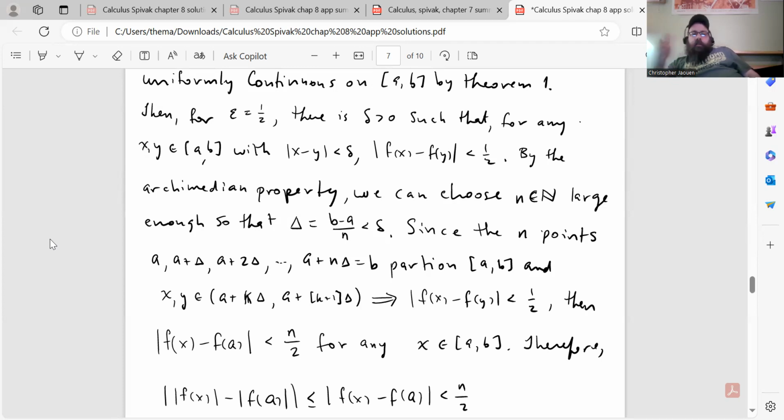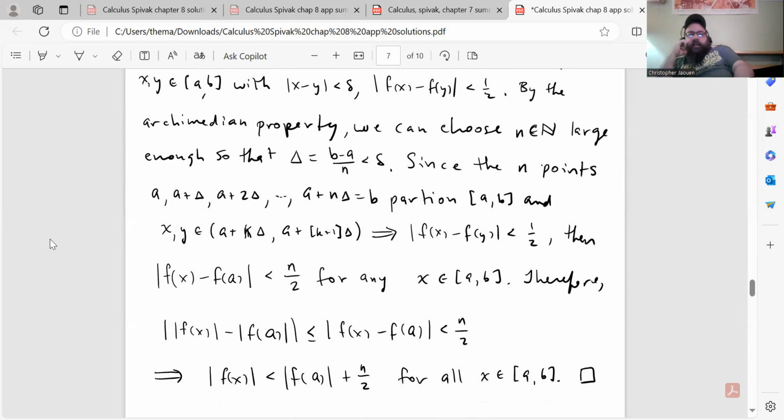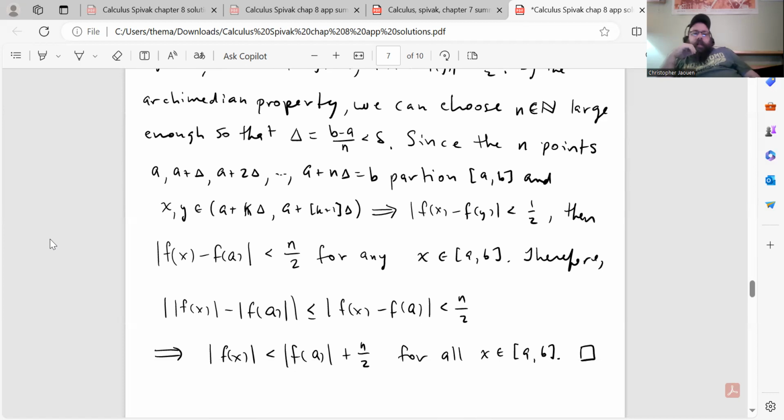Since those points partition the interval from a to b, and x, y in the interval from a plus k delta to a plus (k plus 1) delta implies absolute value f of x minus f of y is less than 1/2, then absolute value f of x minus f of a has to be at most n over 2. It can't be bigger than that for any x in the interval from a to b.